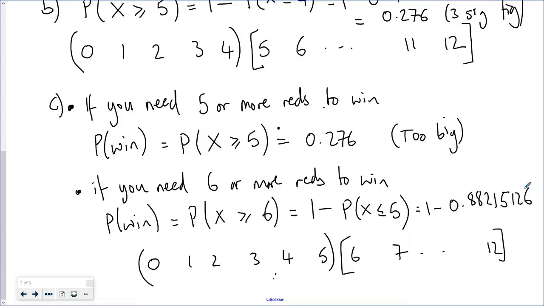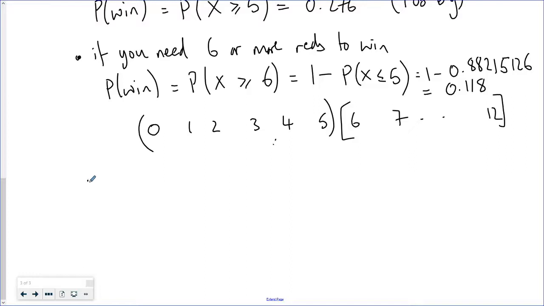And I'm using the unrounded values to get my most accurate answer. And let's round to 3 sig fig, and we get this as our probability. So here, if we require 6 or more reds to win, it's still too easy to win the prize. But notice that the probability is going down because we're including fewer probabilities.